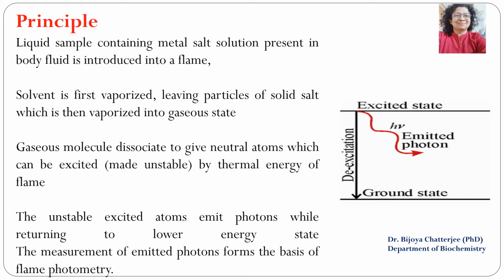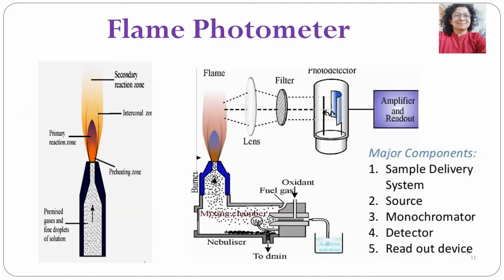When the thermal energy is provided, the electrons will jump from ground state to excited state, and after a few seconds will fall back to ground state. All the additional energy acquired in the excited state will be released as a photon, and the measurement of this photon forms the basis of flame photometry.